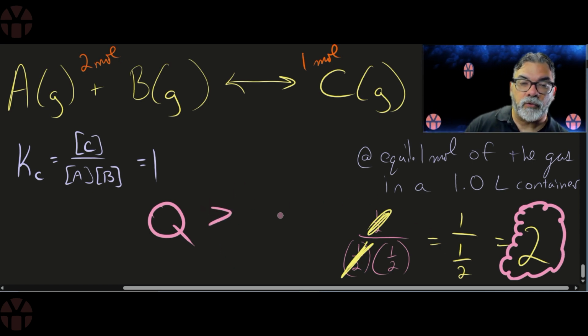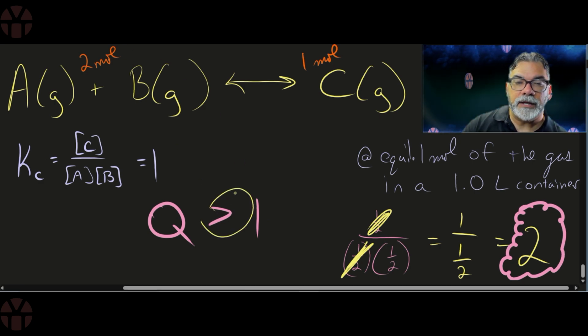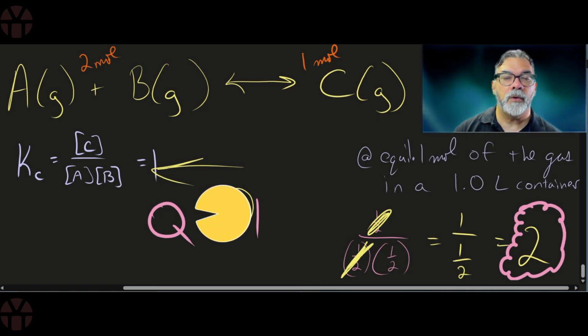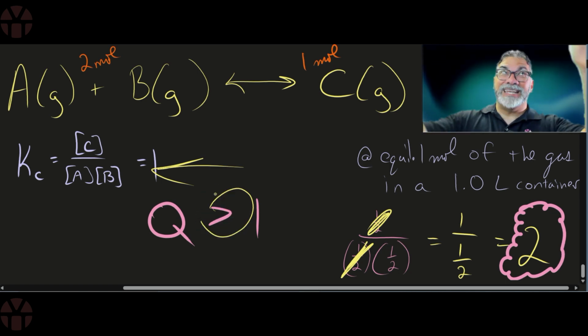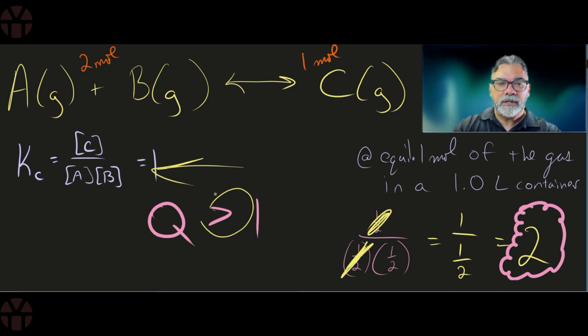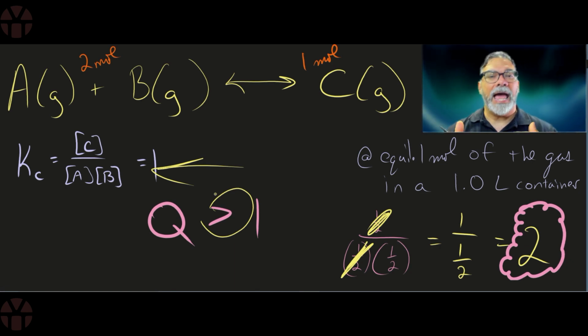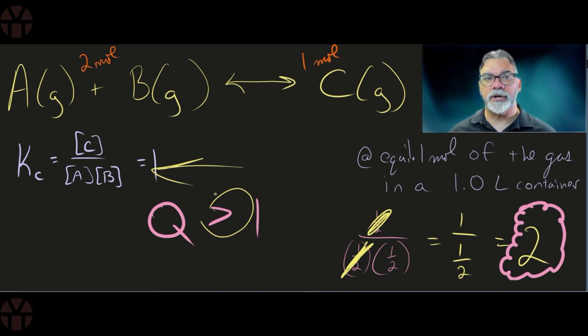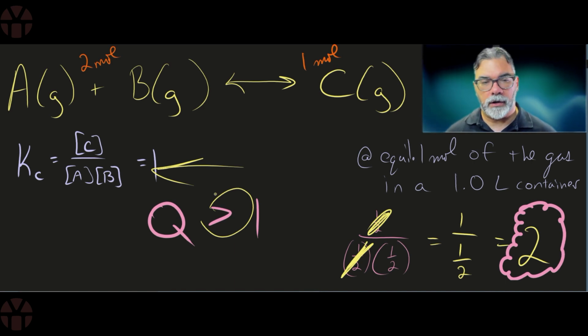That is greater than 1. Which way does Pac-Man have to go? Pac-Man is going to chomp to the left towards the reactants. Why? Because in this case, the reactants had more stuff. And the cheap and dirty is a decrease in pressure favors the side with a greater number of moles of gas.